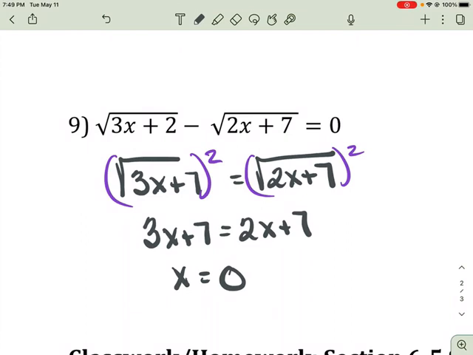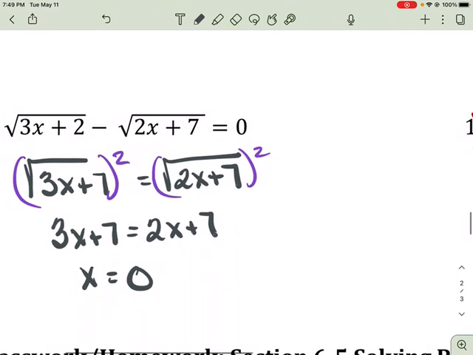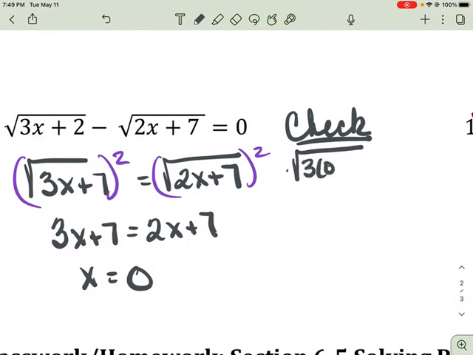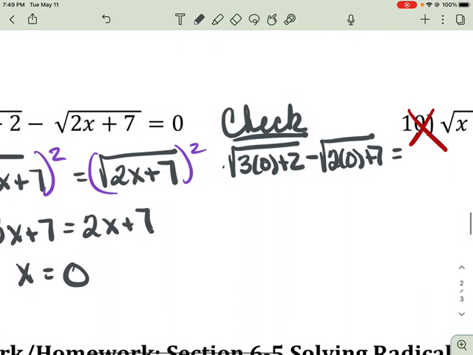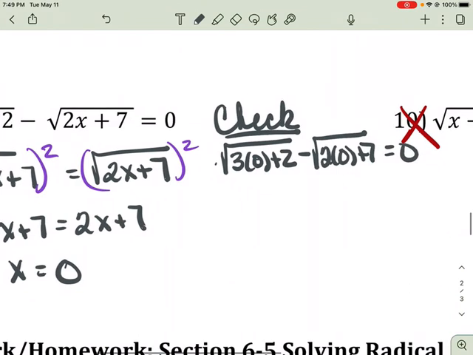All right. So let's check our answer. So the square root of 3 times 0 plus 2 minus the square root of 2 times 0 plus 7, is that equal to 0? Well, this is the square root of 2 minus the square root of 7.